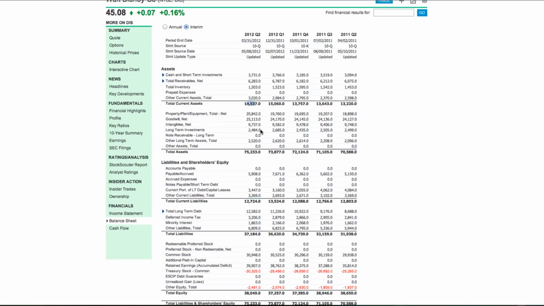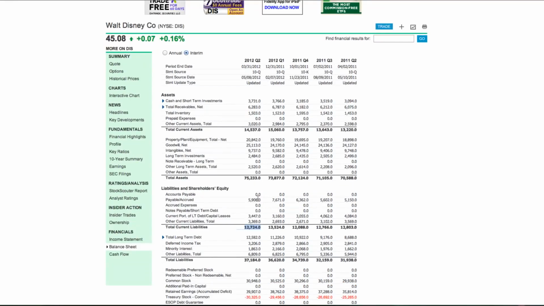That's a good thing. So when we talk about the current ratio, all we're doing is taking this top number, which is the money flowing in, and dividing it by the money flowing out in that short term, that 12 months. If this was 14 billion and this was 14 billion, our current ratio would be 1.0, meaning all the money flowing in is exactly the same as the money flowing out.